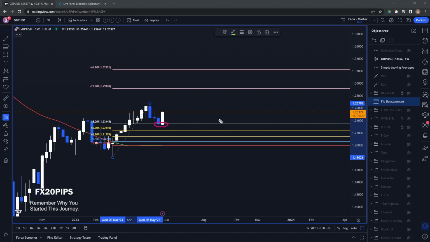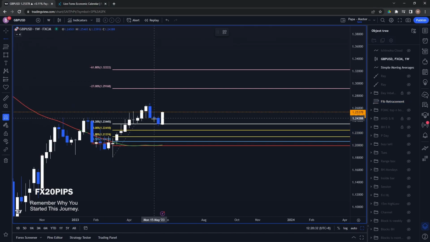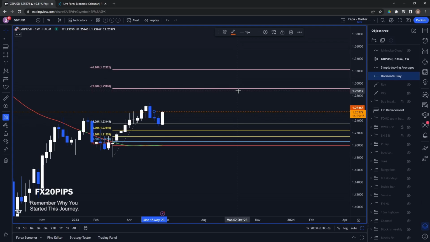It's Friday already, so I'm just wondering whether it will close above the high of this. What is the level? This is at 1.25465. Whether you will close above that.